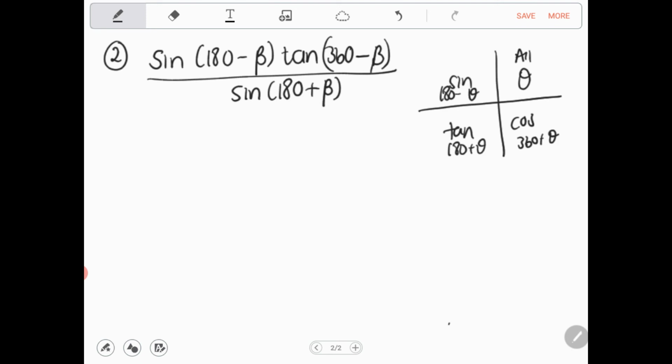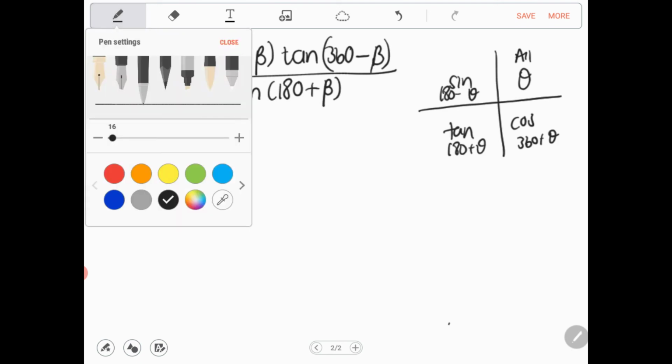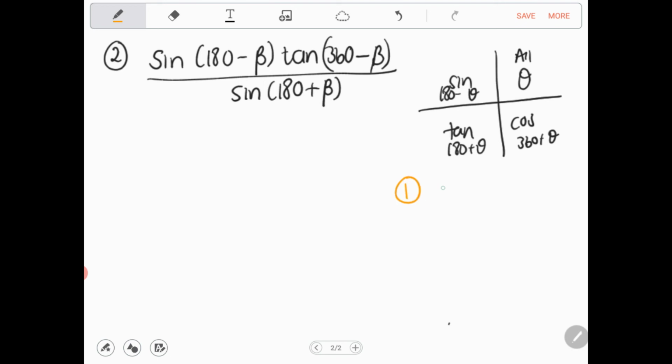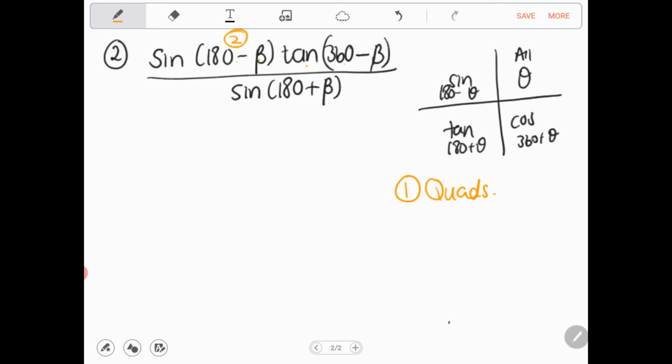Okay, so step 1 was identify the quadrants. So which quadrants are these in? 180 minus would be in the second quadrant. 360 minus, sorry, I've written plus there.